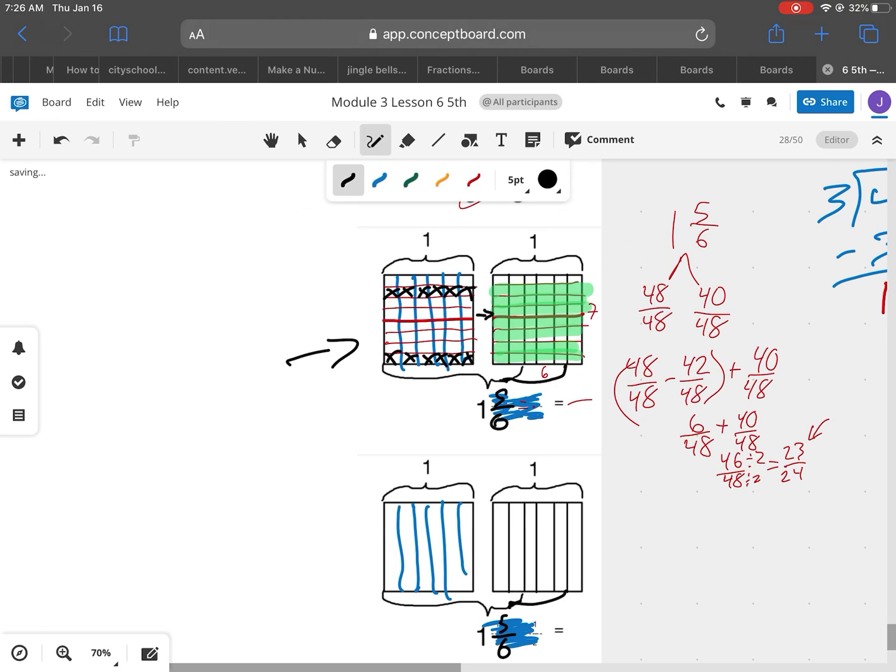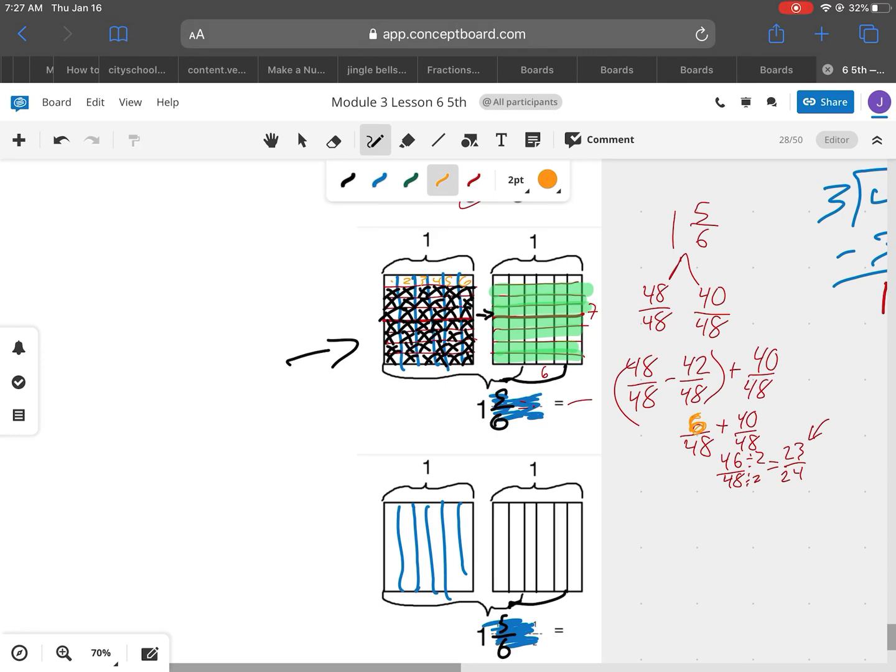And how do I know? Well, look, I showed it with the green. The green is giving me my hint here. The green shaded in is what I'm going to subtract from my whole. And you see that there's 1, 2, 3, 4, 5, 6 left. That's a 6 over here.